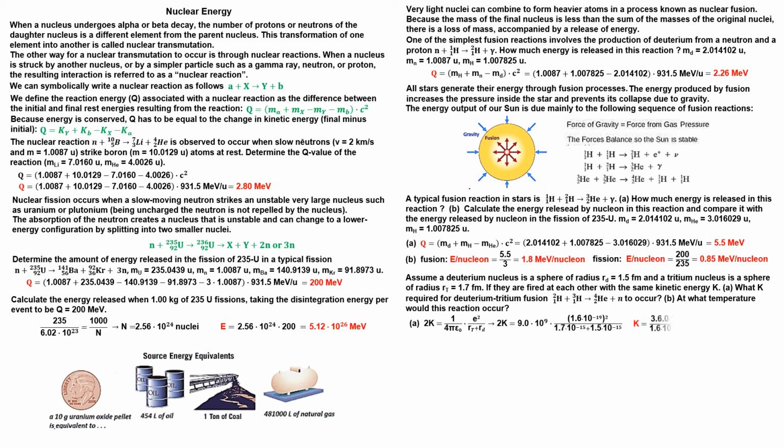When the nuclei stop, the energy consists only of the electric potential energy of the system. If we treat the proton gas as an ideal gas, then the average kinetic energy is related to Kelvin temperature as follows, where k is the Boltzmann constant.